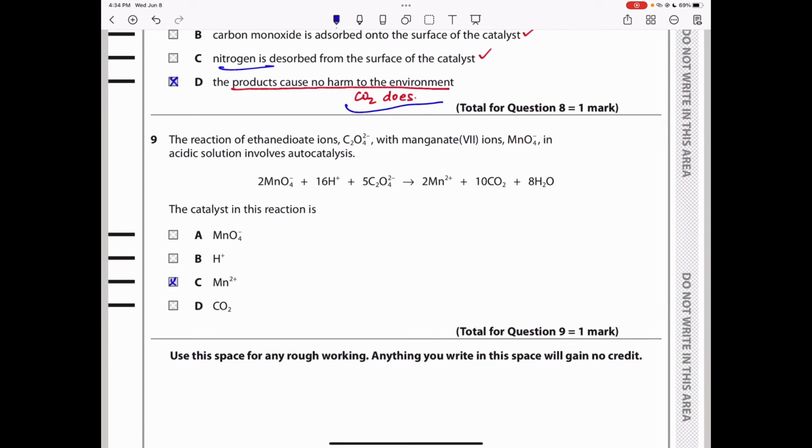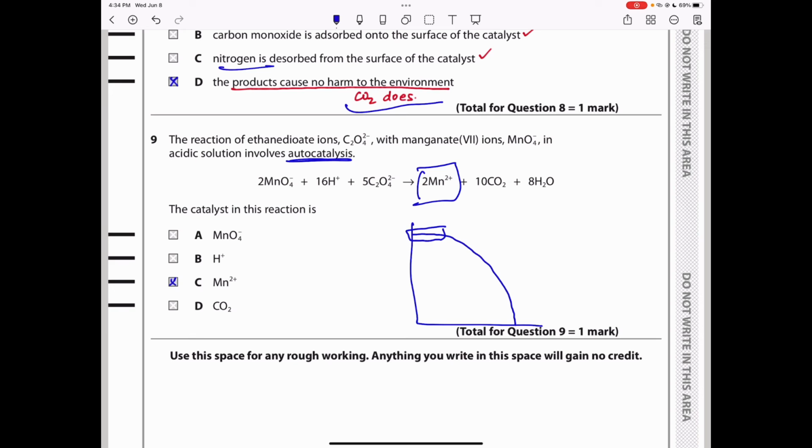Question 9 says, the reaction of ethanedioate ions with manganate(VII) ions in acidic solution involves autocatalysis. The catalyst in this reaction is the product manganese. You remember from your textbook, we have this reaction that goes like that. This stage here is when the manganese(II) is really little.